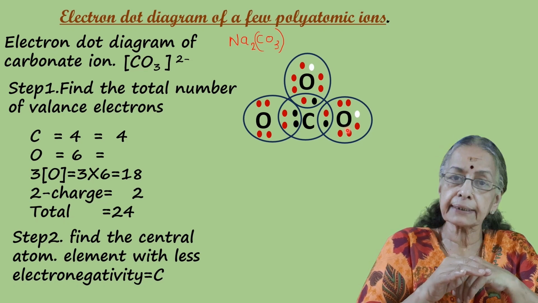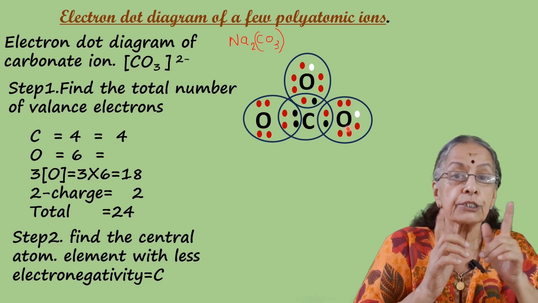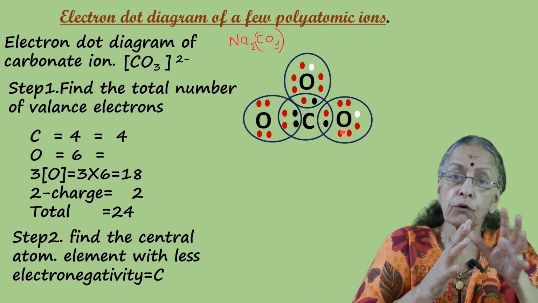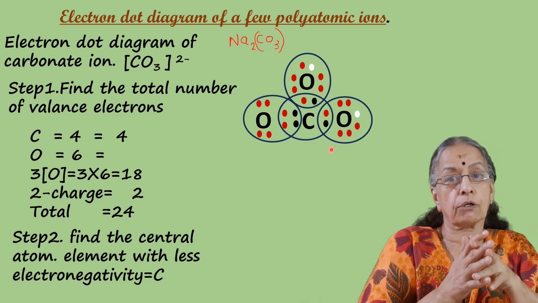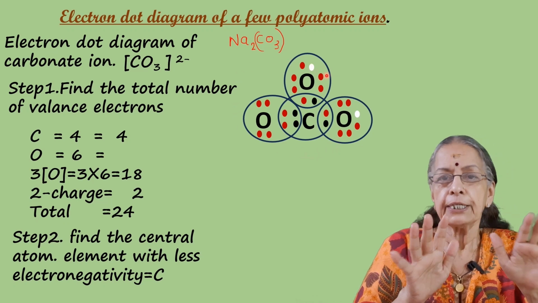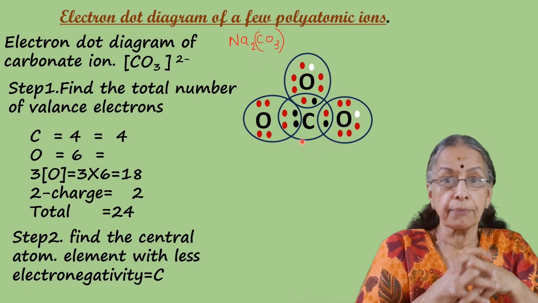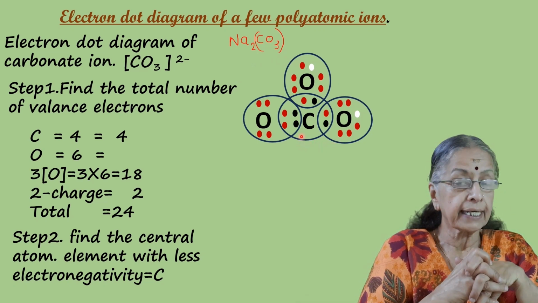And the carbon atom also has 8 electrons. So there are 24 electrons. So we have shown 24 electrons correctly. So we have shown the bond formation for the carbonate ion.